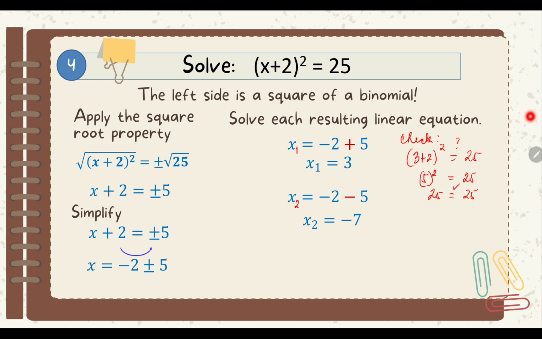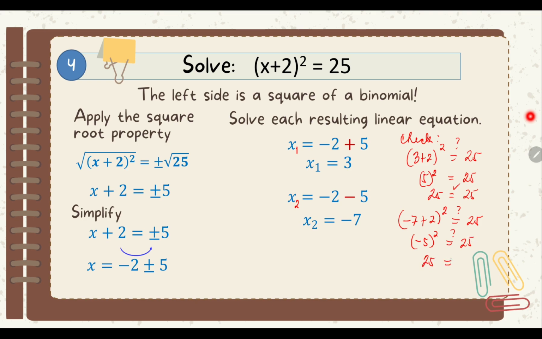What if x is equal to negative 7? Thus, we check negative 7 plus 2, we square that. Will that be equal to the right side, 25? What is negative 7 plus 2? It's a negative 5. And when you square a negative 5, what is the value?